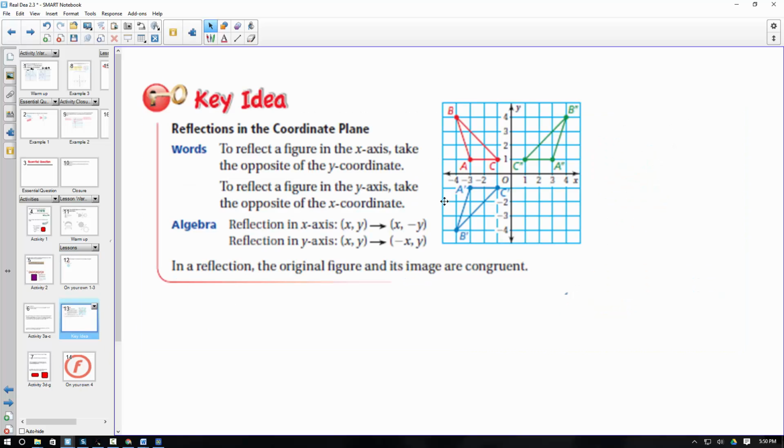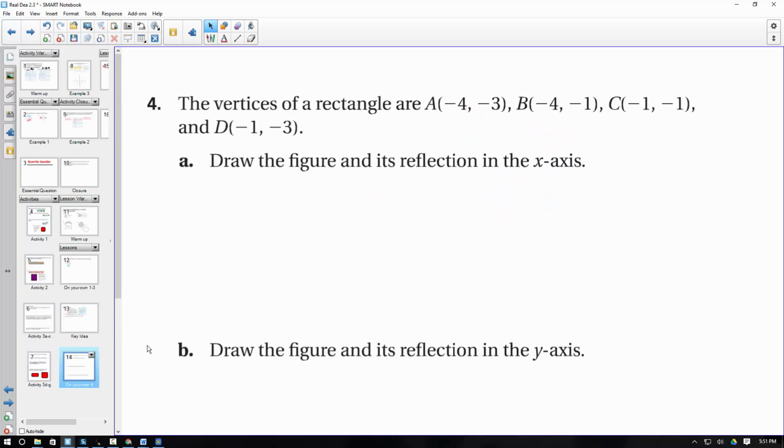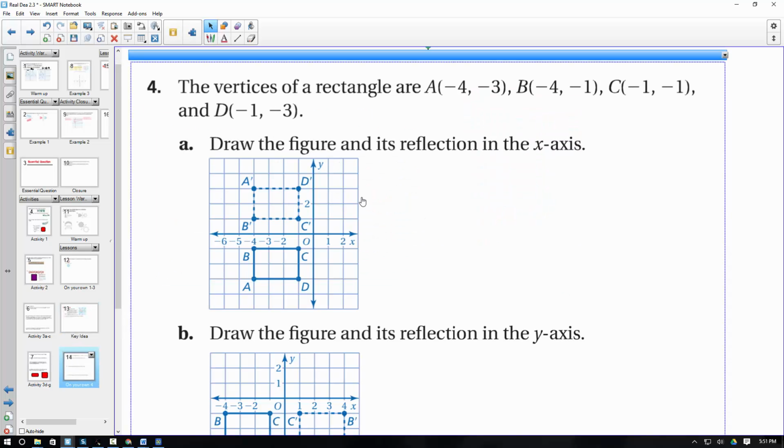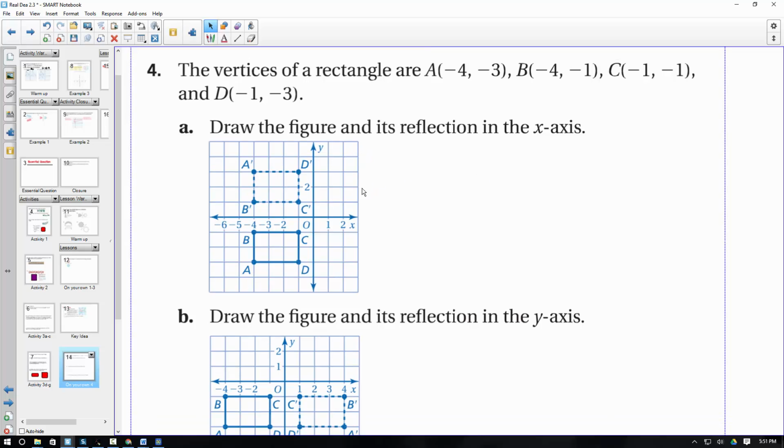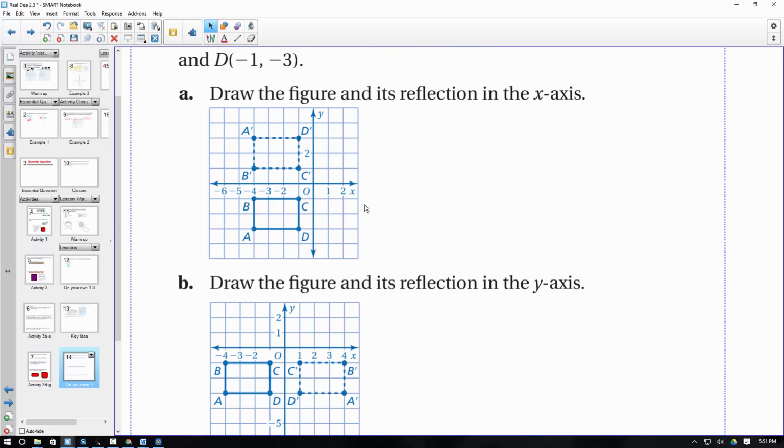Here is the big idea, or the key idea from here, so make sure you read this. So draw the figures. Here they are. And it says reflections on the x-axis. Again, remember that it's your y. So in this case, it was -1, 1. This will be -1, -1.